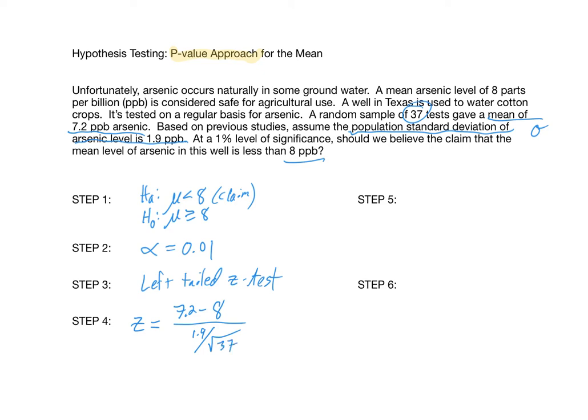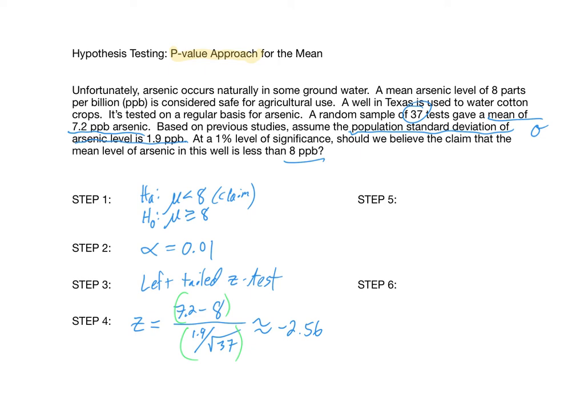If you're putting this in your calculator, make sure you have the top in parentheses and the bottom in parentheses, and this gives you approximately negative 2.56.